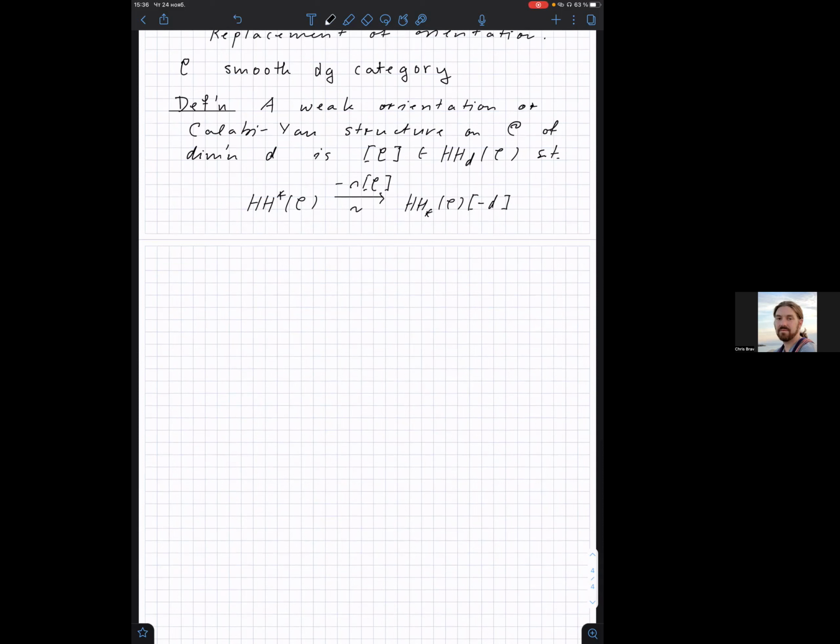And what makes an orientation strong is additional data. So Hochschild homology has extra structure. Classically, Connes constructed something that people call the big B operator.